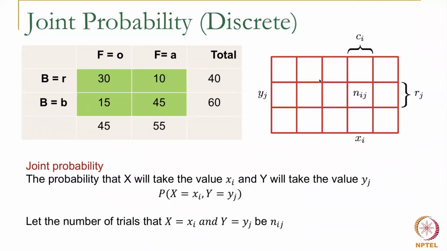So we can now use this box that we had to define this idea of joint probability. A joint probability is obviously for more than one random variable. So you want to say what is the probability that event A occurs as well as event B occurs.